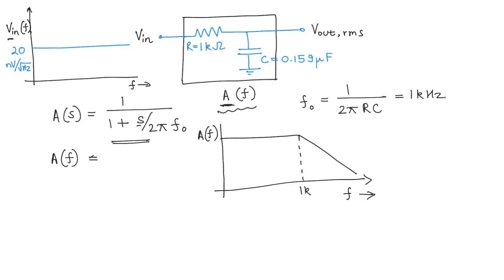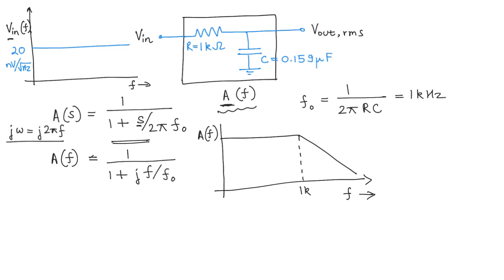So if you replace S with, what is S going to be? S is basically 2 pi f, right? So S is going to be J omega, and that is going to be equal to J times 2 pi f. So if I substitute this into the equation here, what do I get? So let me write that. So 1 over 1 plus J f over f naught.